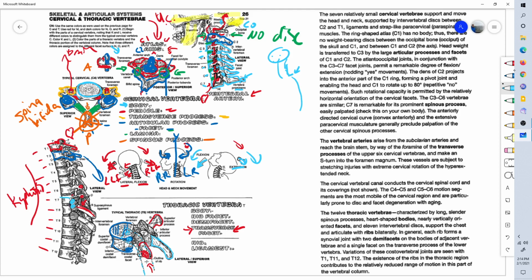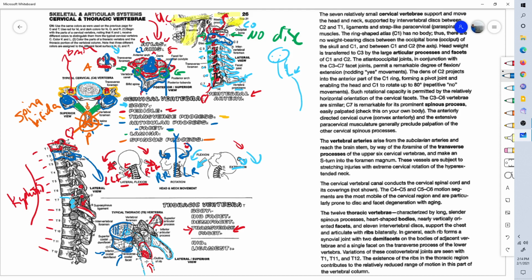And the rib articulates with both vertebrae, as well as the transverse process of a single vertebra. So this would be called the superior costal demifacet, and then this would be the inferior right here. Because one's on the inferior part of the vertebra, one's on the superior part of the vertebra.